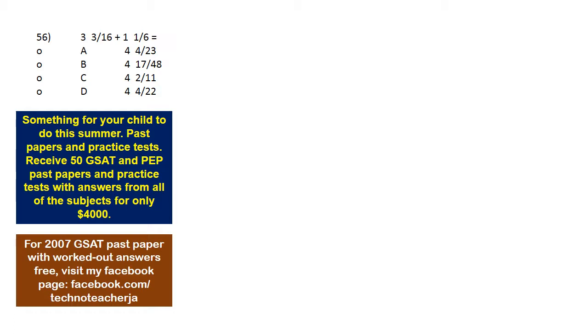Again, the question and choices are 3 and 3 over 16 plus 1 and 1 over 6 is equal to A. 4 and 4 over 23, B. 4 and 17 over 48, C. 4 and 2 over 11, and D. 4 and 4 over 22.